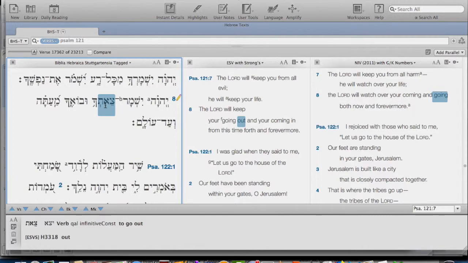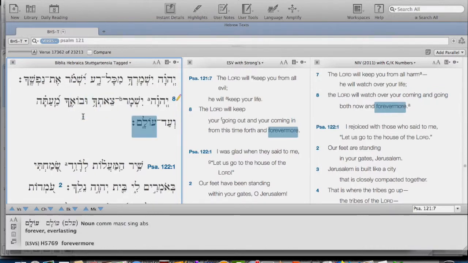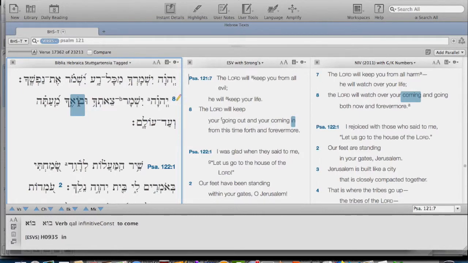So in English, this would be like a gerund, essentially. The Lord will keep your going out and your coming in, or the Lord will keep your coming and your going. So both of these would be examples of the nominal use of the infinitive construct, 3.4.1a3. All right.